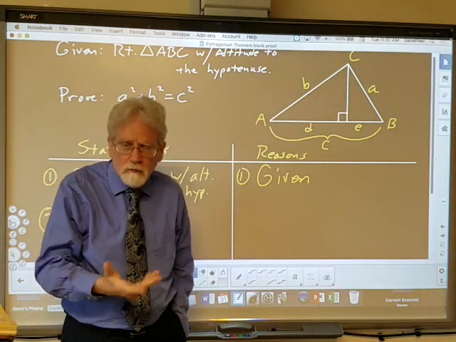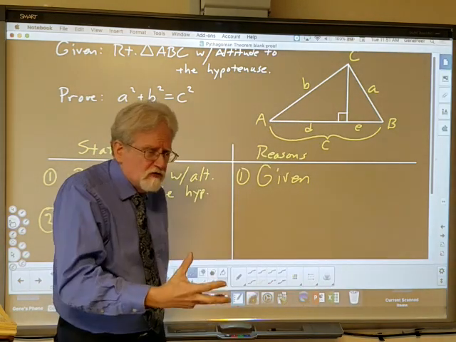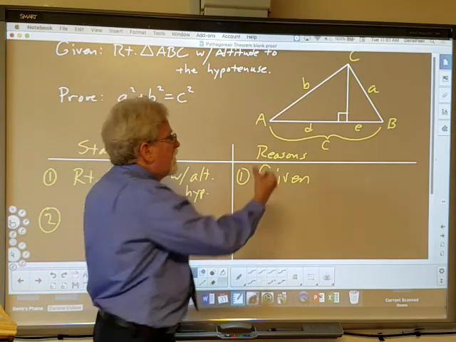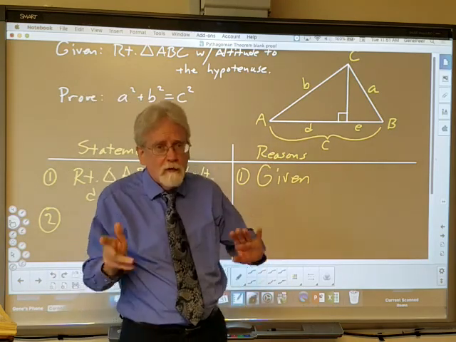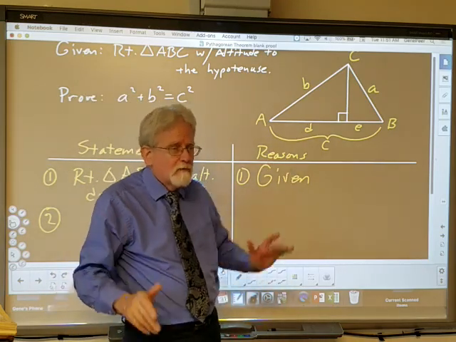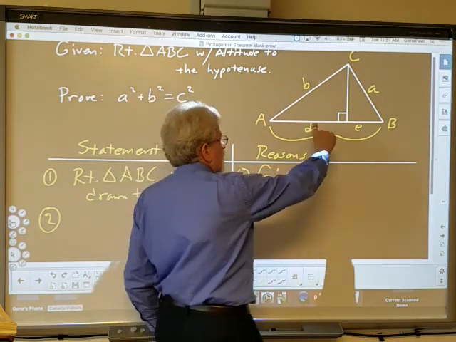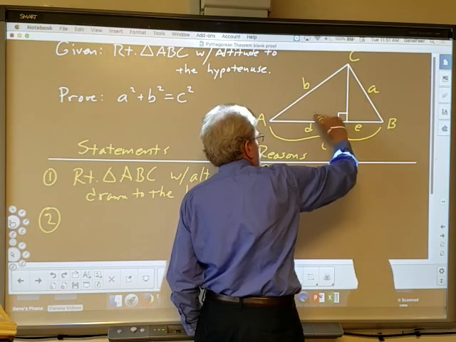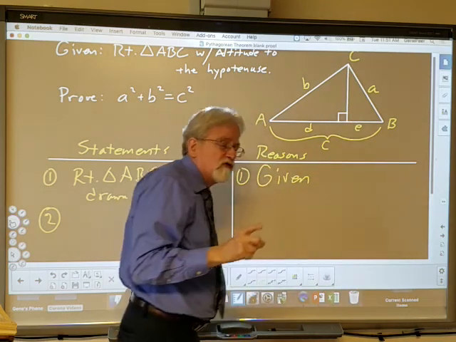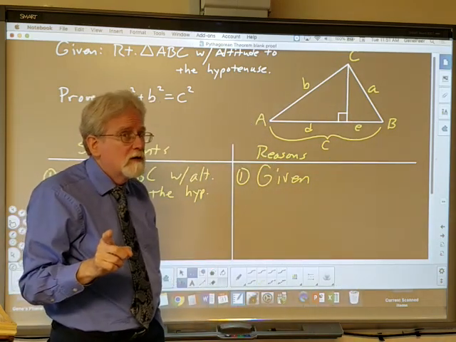Since the last section we looked at, section 8.1, you should just immediately, when you see this diagram, say, hey, let's use corollary 1 or corollary 2. Well, the way I had this marked, you really can't use corollary 1 because I didn't give you a variable for the altitude. But we sure can use corollary 2.